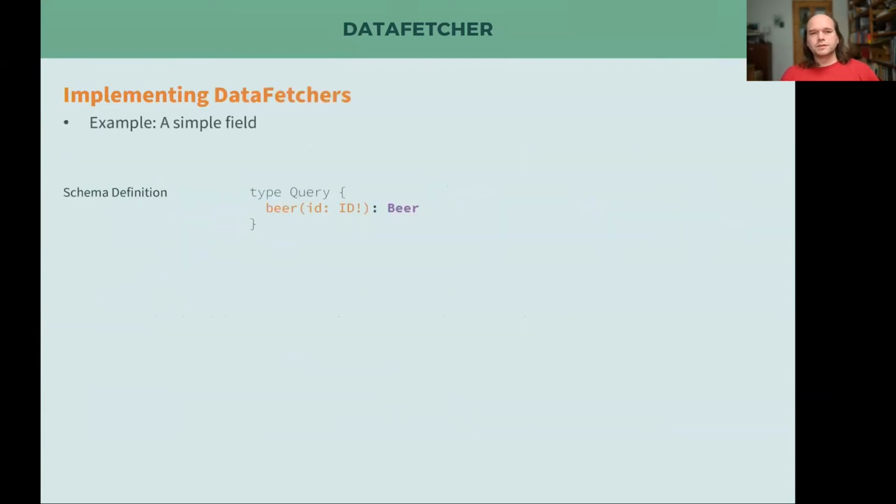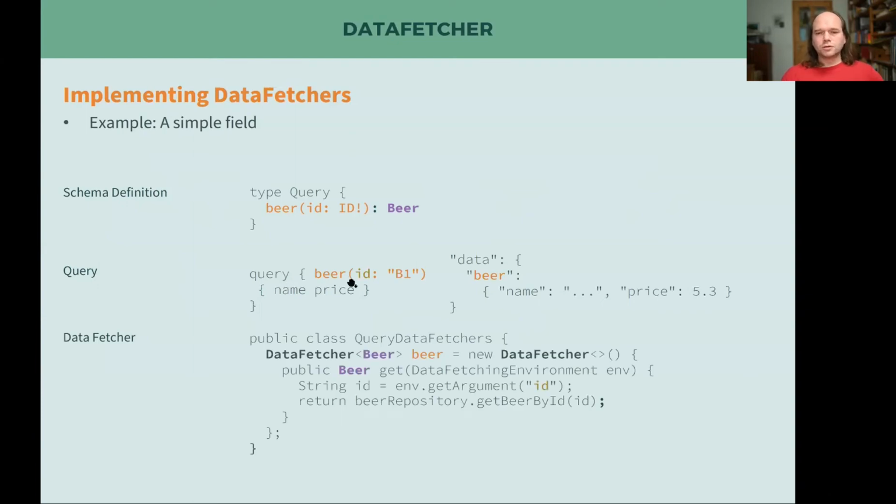I will show you some simple examples. Let's say we have this schema definition, beer. It has one argument and returns a beer, hopefully. This would be an example query. And the data fetcher could look like this. We implement this data fetcher interface. There's this one method defined called get.